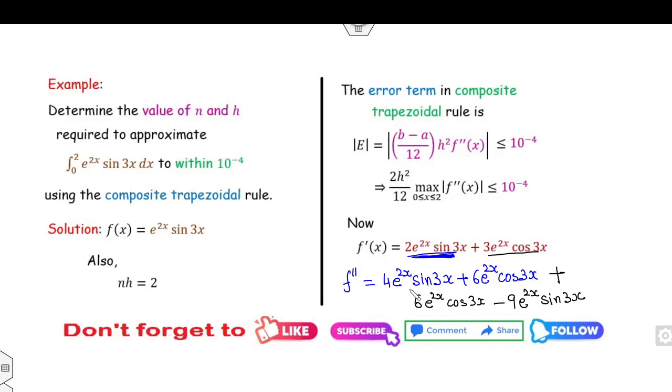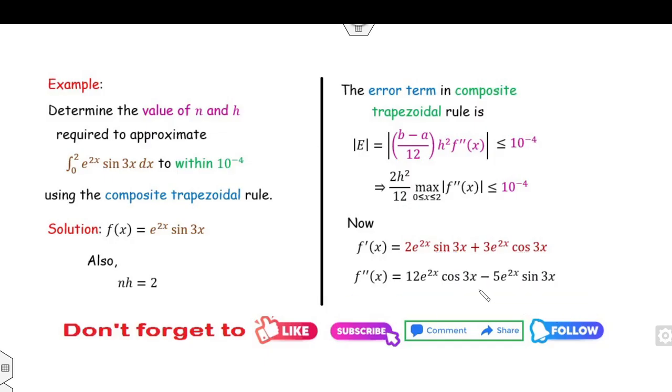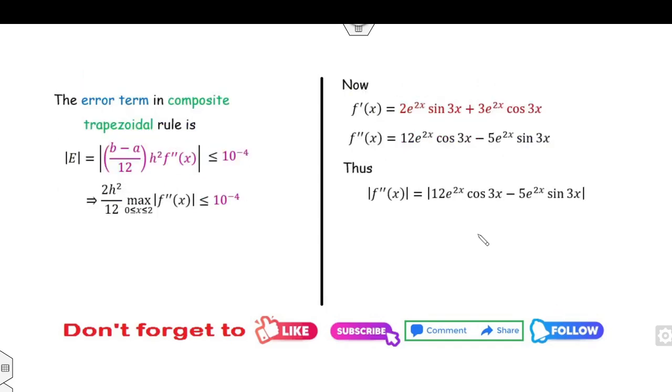Fine. I can combine this sine of 3x and sine of 3x. It's a minus 5 and this is plus 12. So 12 and 5. Now your target is to find the modulus value. What is the modulus of this? I can write this quantity as the modulus. Fine. And we all know the modulus of a minus b. I can write this quantity as modulus of a.